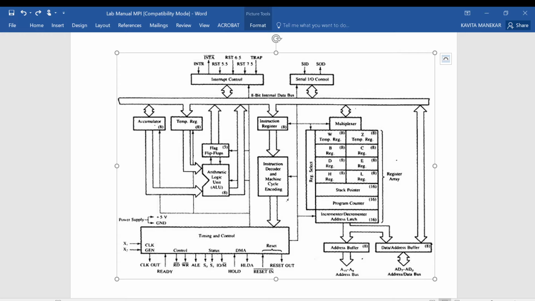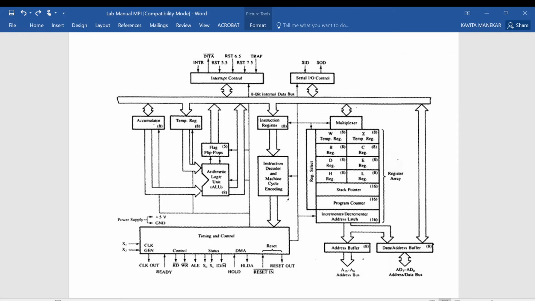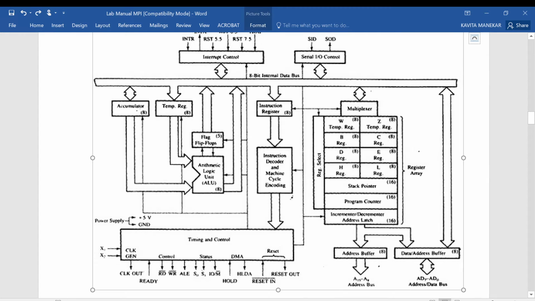So we can see at the right corner there is address bus, name given as A15 to A8. Actually the 8085 is having the address of 16 bit.